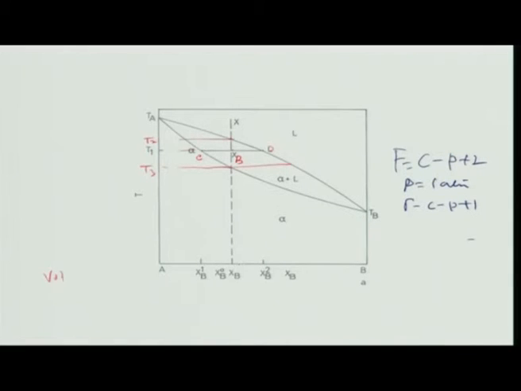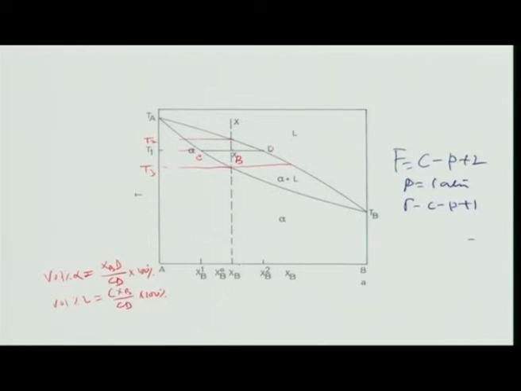So the volume percentage of alpha is given by XD divided by CD into 100, because it is a percentage. If alpha is lying on your left, then for volume fraction measurements you have to consider the arm on the right of the fulcrum, not on the left. For the liquid it is the same way: it is equal to CX divided by CD into 100%.